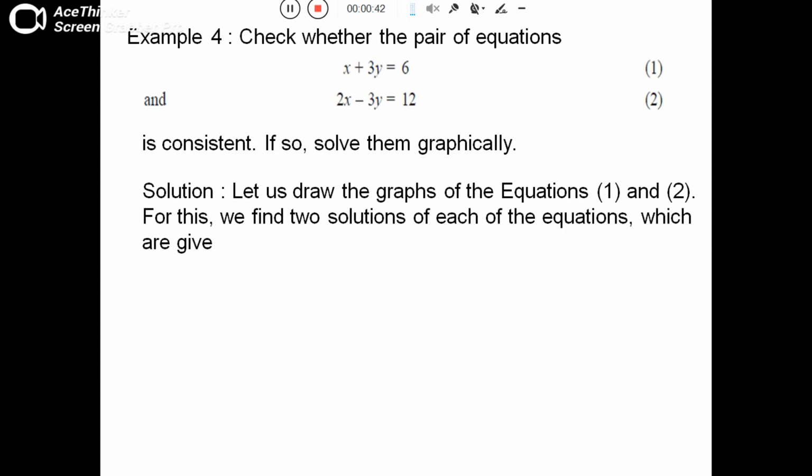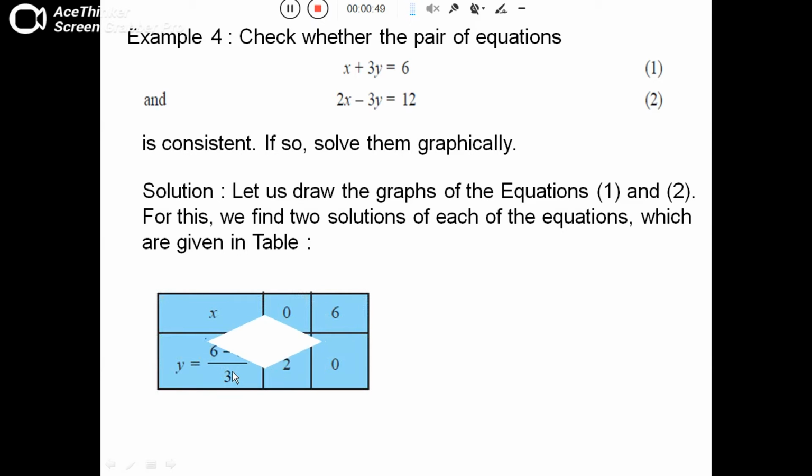After getting the two solutions, we can easily draw the graph. For the first equation, x plus 3y equals 6, we got these two solutions, (0, 2) and (6, 0). You can check easily how this (0, 2) and how this (6, 0) solve the equation.